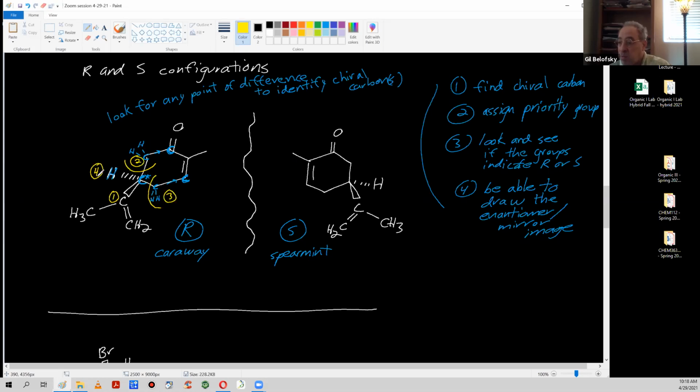And so as that's finding the chiral carbon, assigning the priority groups, do the priority groups indicate R or S? So then as we're looking at them, with hydrogen, number 4 usually is hydrogen pointing away from you.